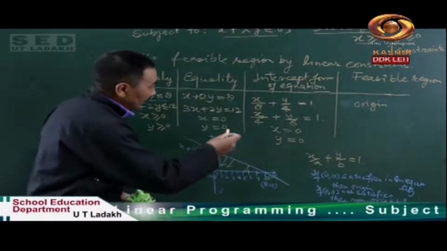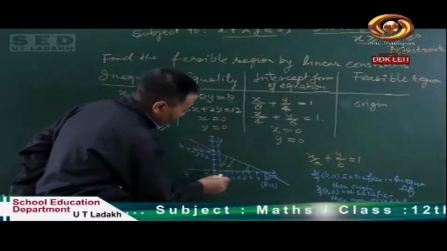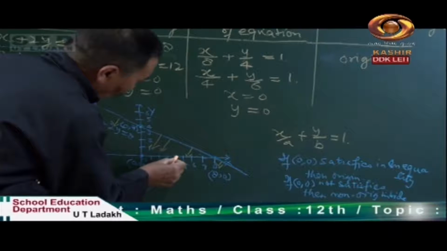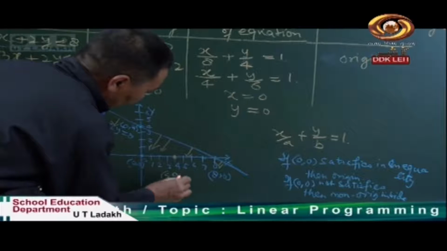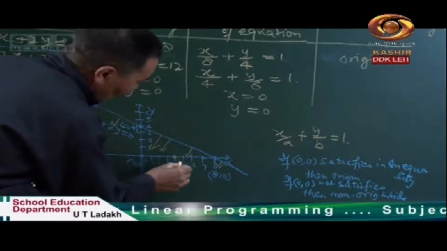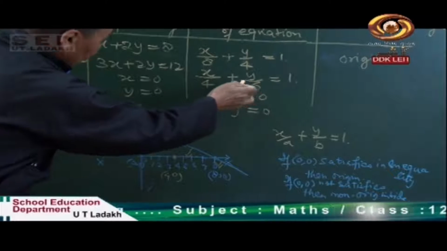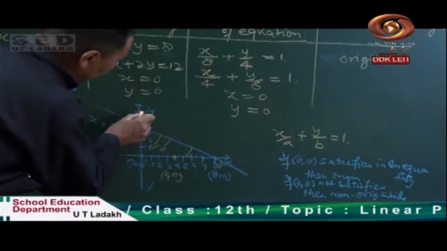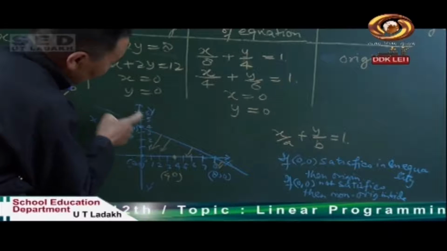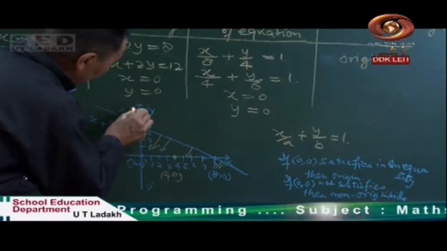For the second line, the x-axis intercept is at 4. That is 4, 0. X equal to 4, y equal to 0. Then the y-axis intercept is at 6. That is 1, 2, 3, 4, 5, 6, here. This is x equal to 0, y equal to 6.